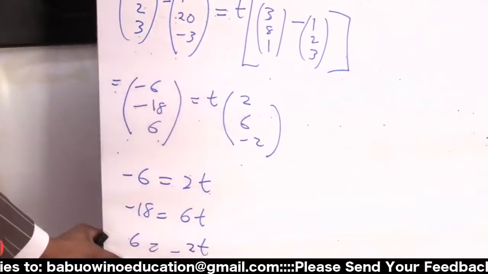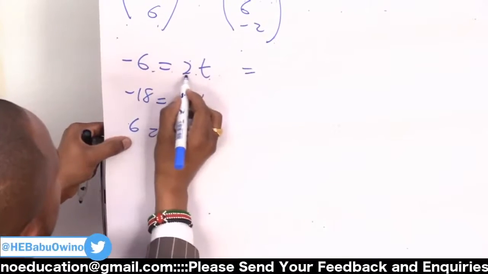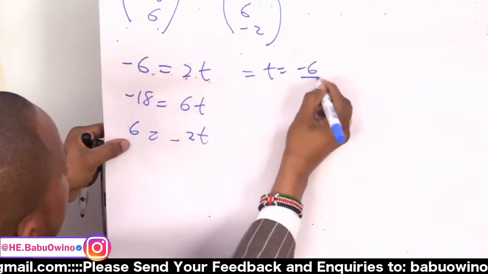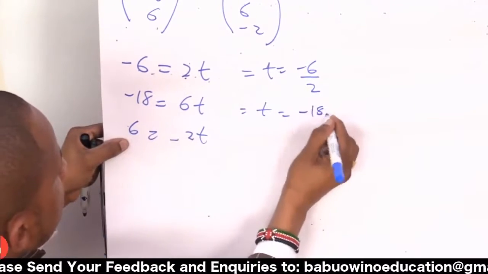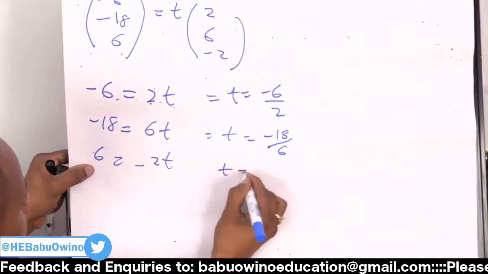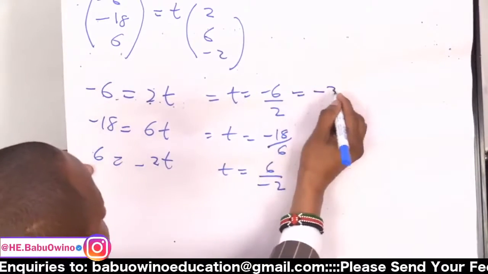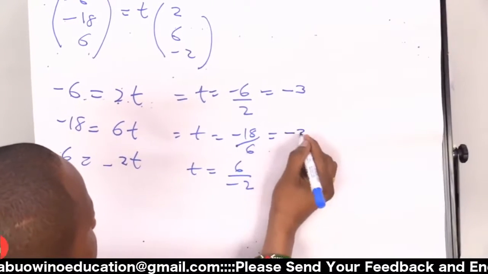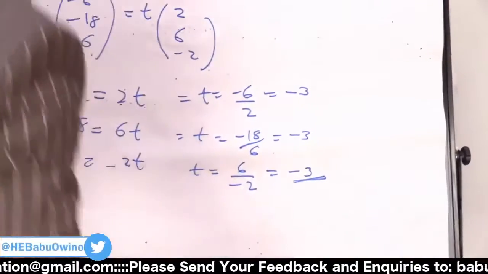Let's see if these t's are the same. From here, t equals minus 6 over 2. Here, t equals minus 18 over 6. Then here, t equals 6 over minus 2. So t is equal to minus 3 in each case.